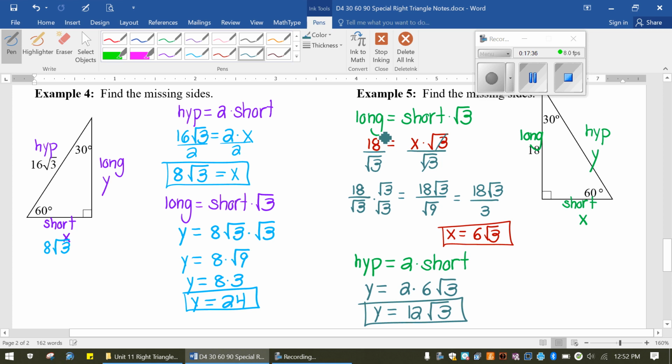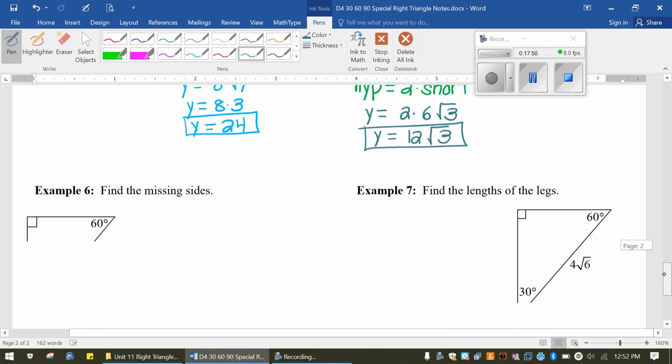So you can see now why we did that rationalizing, so that we would be able to find the short leg to get the hypotenuse. All right, we're going to do that again in example number 6.